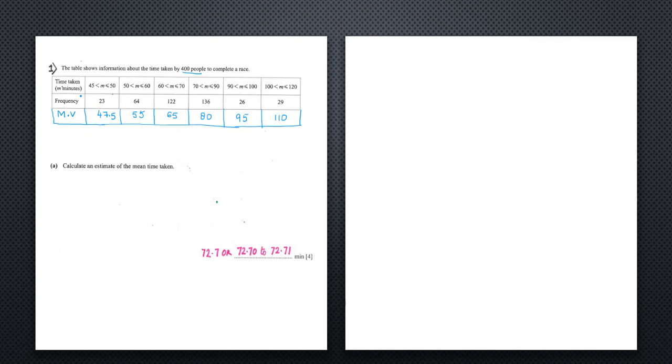So basically this is the column of frequency f, and now we're going to treat this as x, the variable which is changing in terms of the mid value. So the next column that we need is the fx column, wherein we multiply the frequency with the mid value.